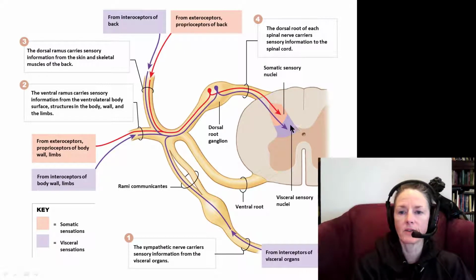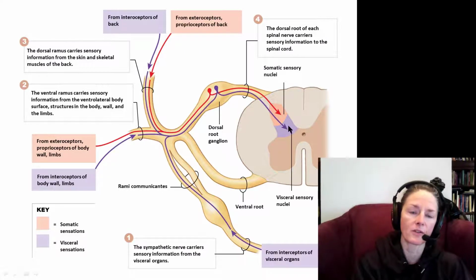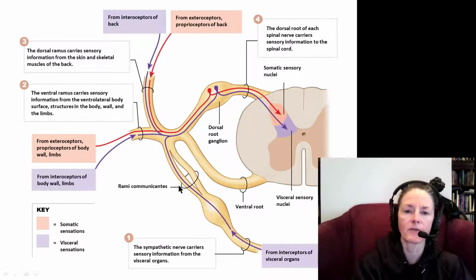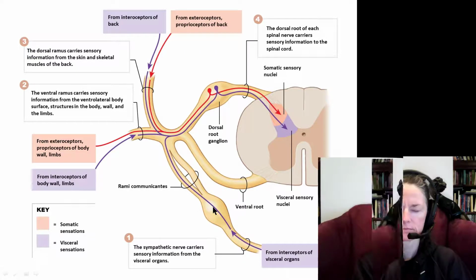There again, since this is visceral information, these are going to be synapsing in that visceral sensory nucleus, which is in the anterior part of the posterior gray horn. We are also going to be receiving some information from viscera through these sympathetic nerves. So this is going to be receiving information from visceral organs in the abdominopelvic and thoracic cavities.